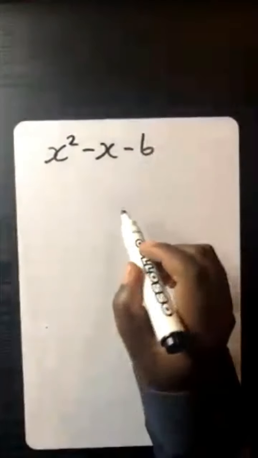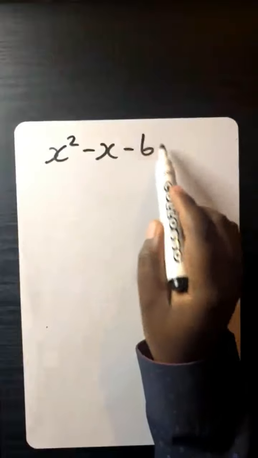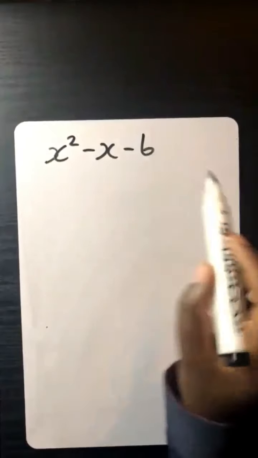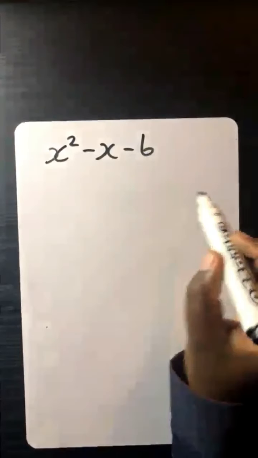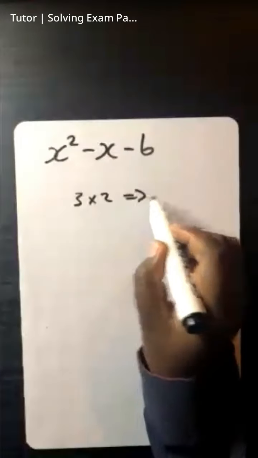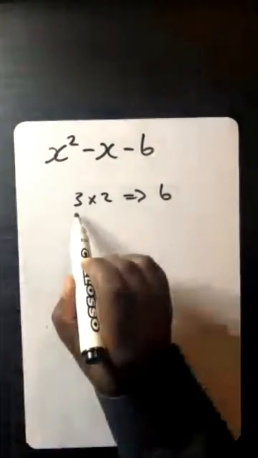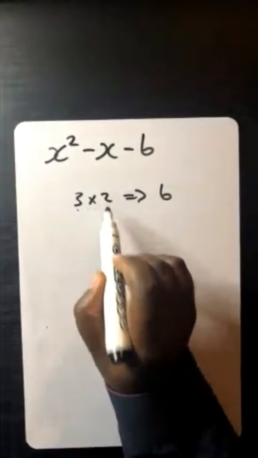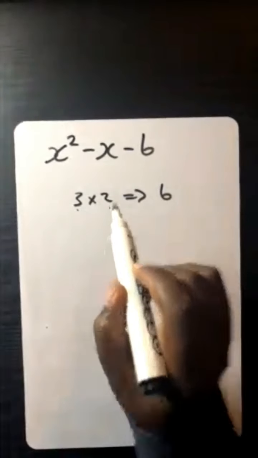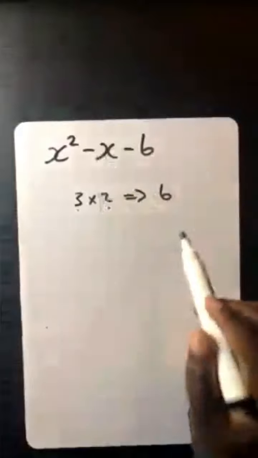It's more like you say 1 multiplied by 6, which is 6. Then you say what two numbers when multiplied together will give you 6. You know, obviously 3 multiplied by 2 will end up giving you a 6, right? Which means that can be worked out together to give you the middle term being 1.